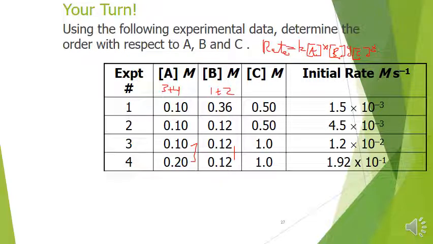And for the experiment using C, we're going to be using one of these two with one of these two down here. So let's look at experiment number 2 with number 3. If you use 2 and 3, A's constant and B's constant, and you're doubling here. The other thing is let's change these all to the same exponents.